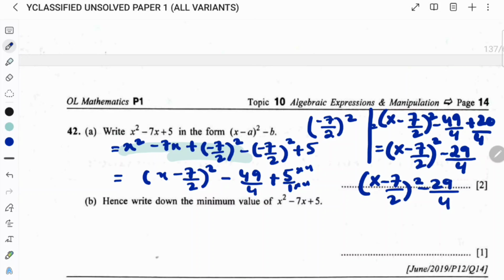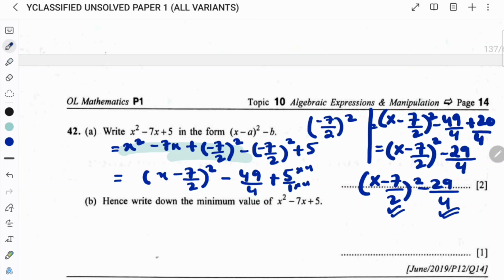So remember, this also I've explained in the completing square method video. Lots of questions like this. So this is the minimum point. What is the minimum point? Just change the sign of it, and then this is the same.